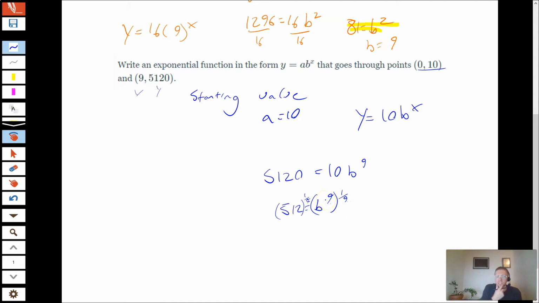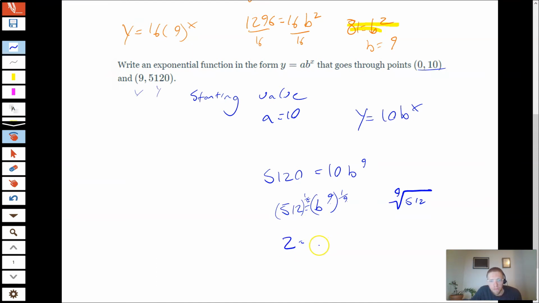It's just an inverse operation. The 9th root would look like this, and you can also write it that way, although that's possible to type into your calculator, but a little bit uglier. If you're super curious, let me know and I can show you how. So this gives me 2.